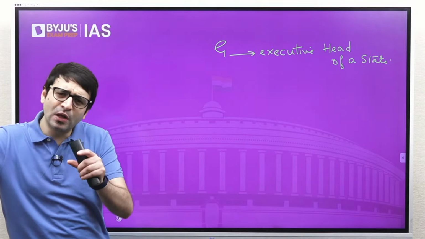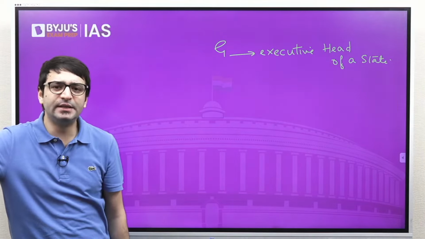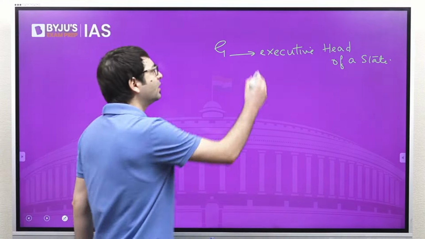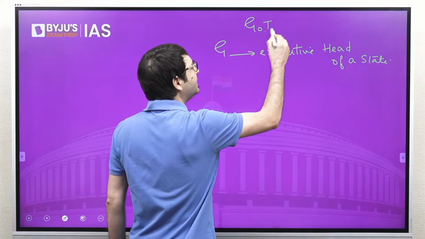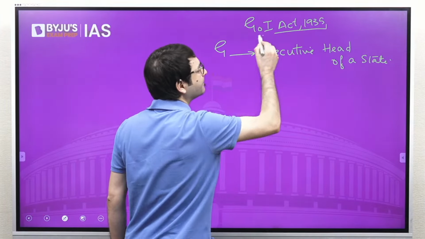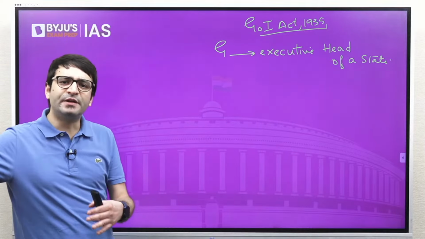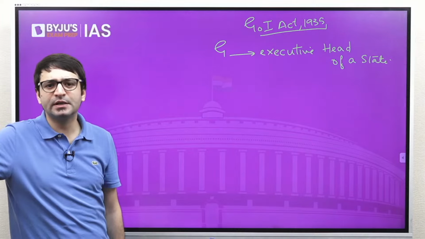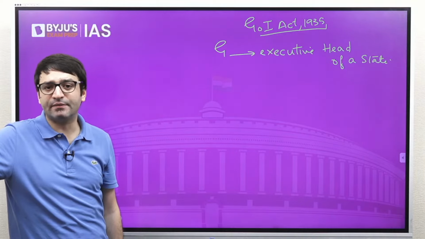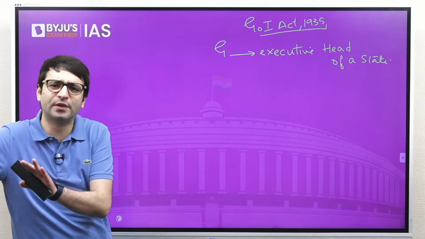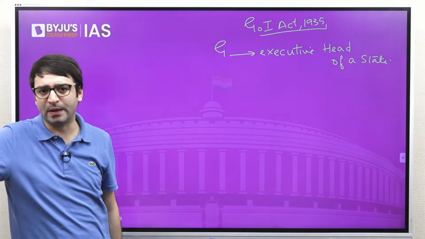Almost all the provisions relating to the office of governor can be traced to the Government of India Act 1935. In fact, we have copied the provisions mentioned for the office of governor in the Government of India Act 1935 into the Constitution of India as well.